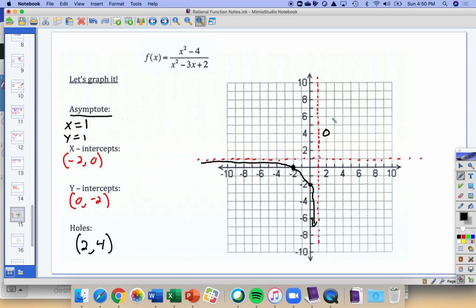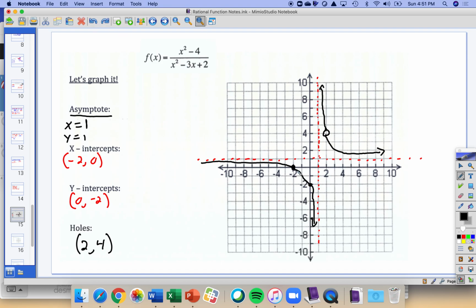Over here, I know it has to go right around 2, 4. And it must follow this asymptote, so it must be like this. And then it'll probably look something like this. If you wanted to, you could have found one more point in this vicinity, but you didn't have to because I just used my asymptote to guide me.